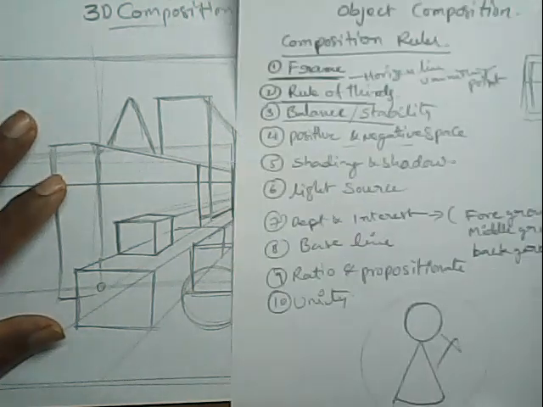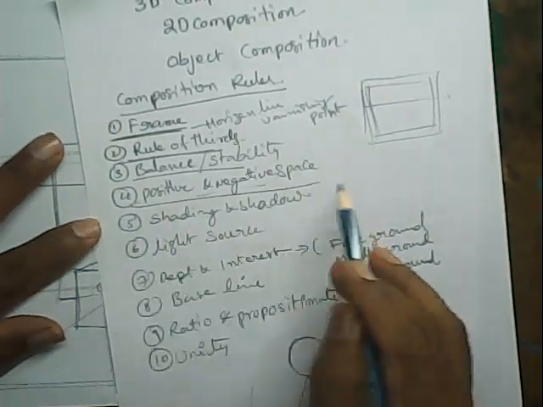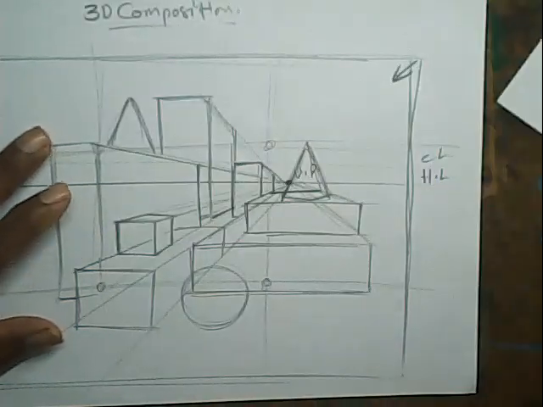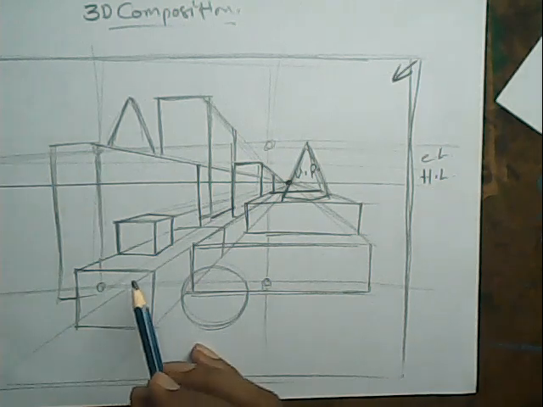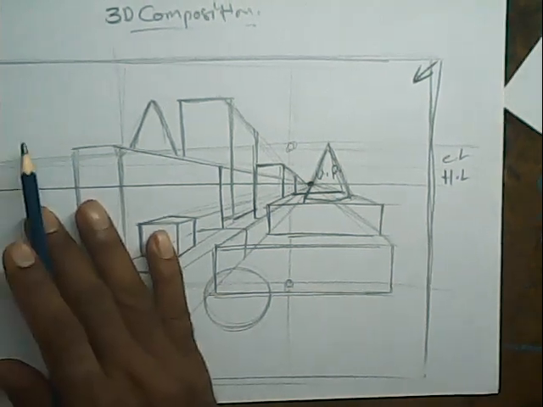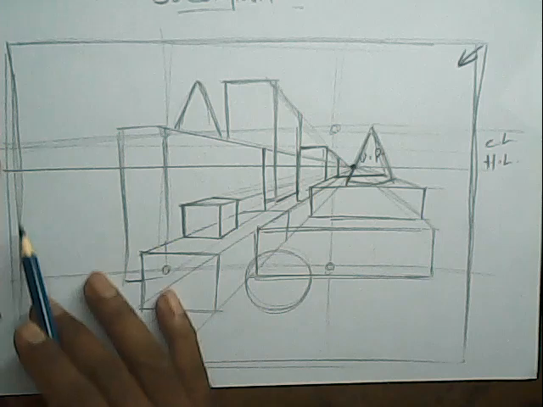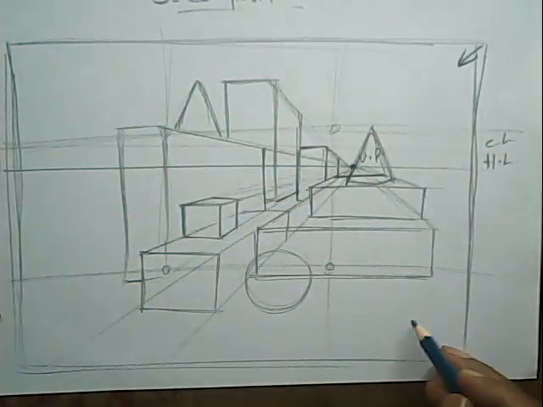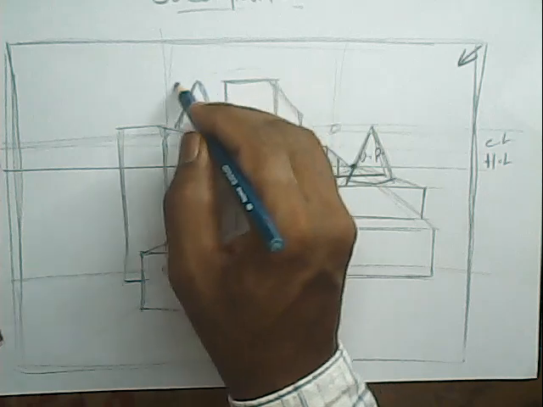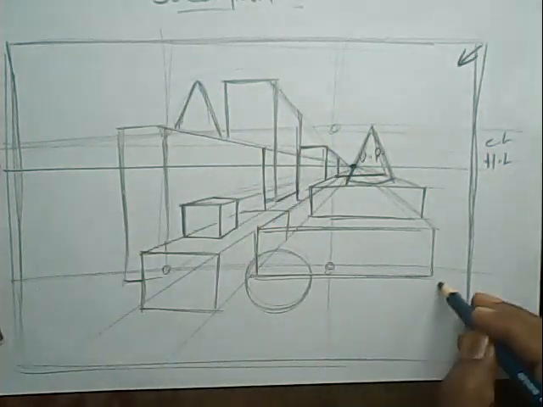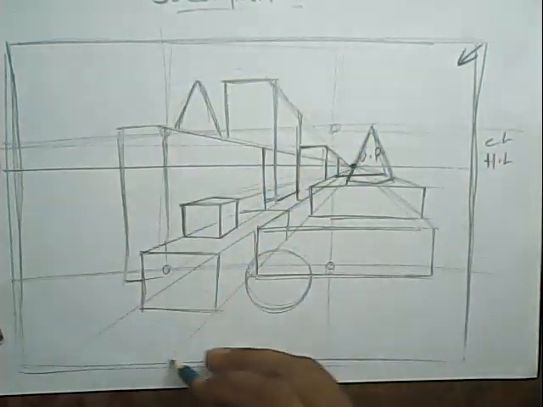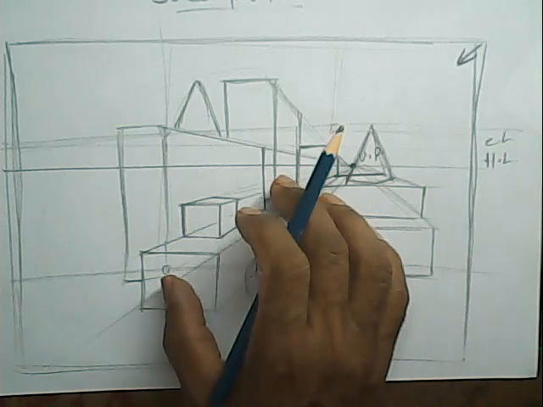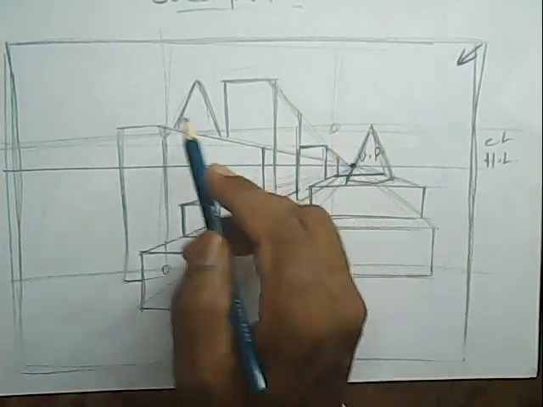The next point is positive and negative space. This is the space on the paper. The area I'm using, where the work is, is positive space.